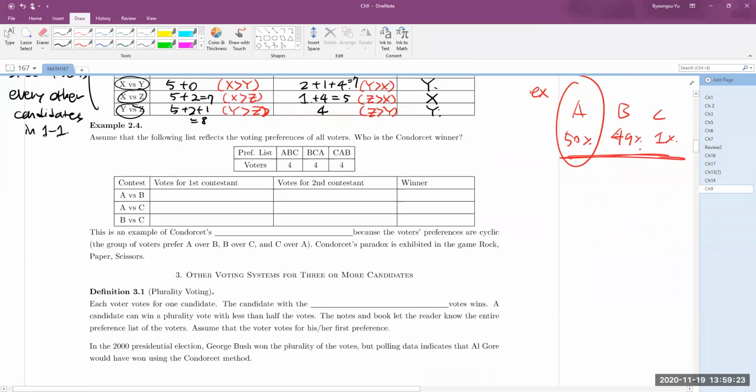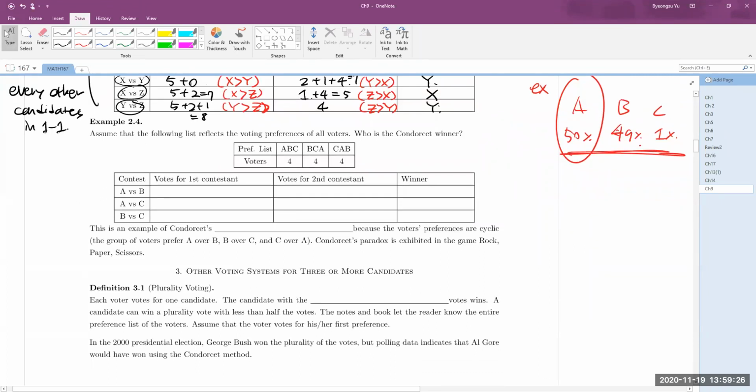Good. Then let's see some other examples. So here, example 2.4, assume that the following list reflects the voting preference of all voters. And we want to find the controversial winner in this case. Then again, there are 4 voters for each preference list.